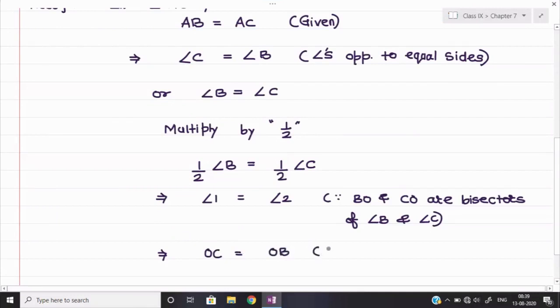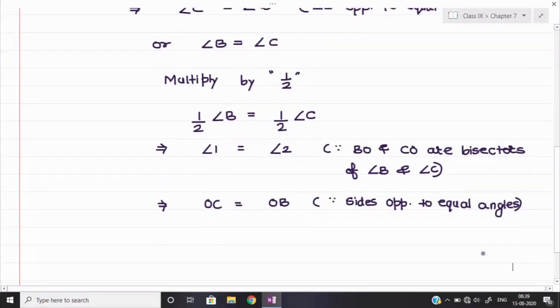Here the reason we can give is: since sides opposite to equal angles. Sides opposite to equal angles, OC and OB are equal, or else we can say that OB and OC are equal.